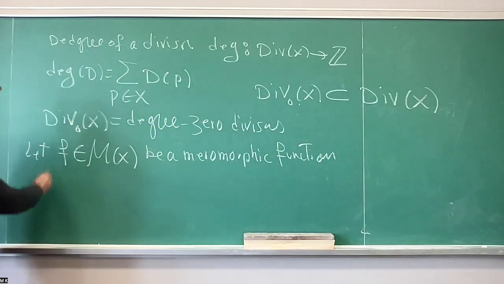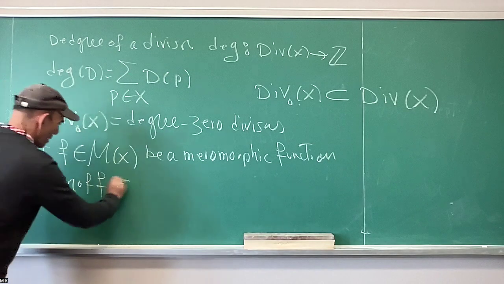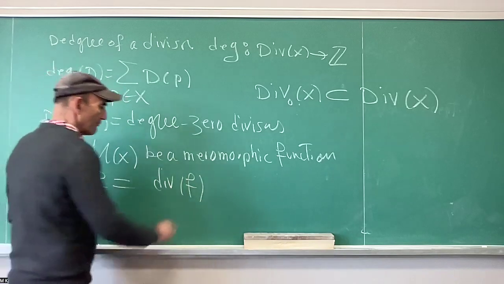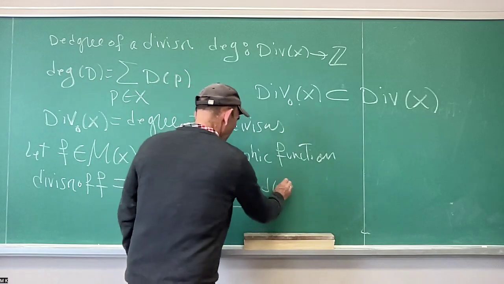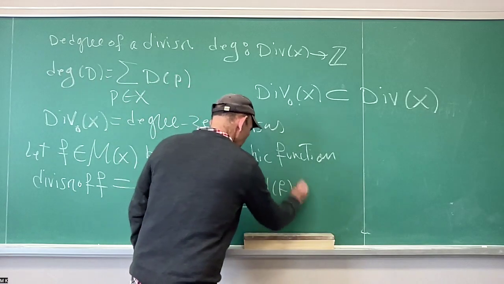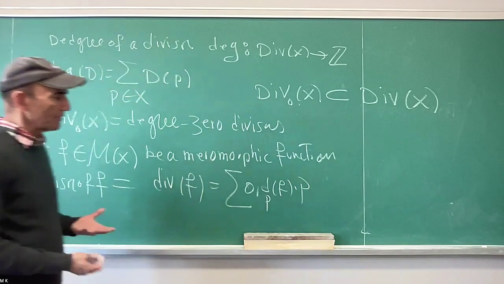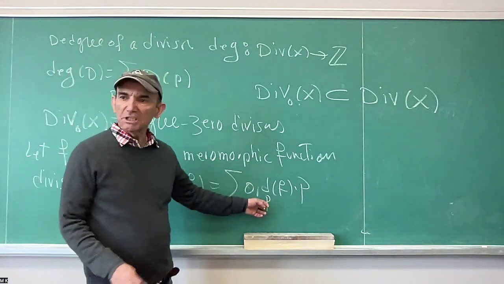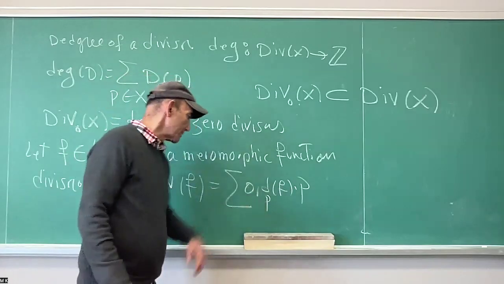Then the divisor of f, denoted by div f, is equal to the sum of the order of f at various points P times P. So we just look at the order of this meromorphic function at different points. Obviously P matters only at zeros and poles. Away from that, the order of the function is 0.